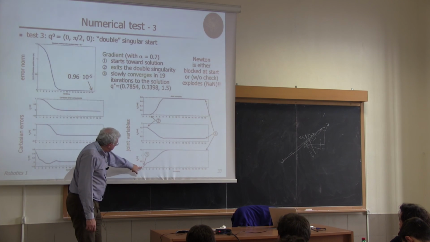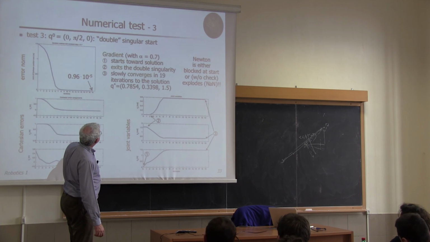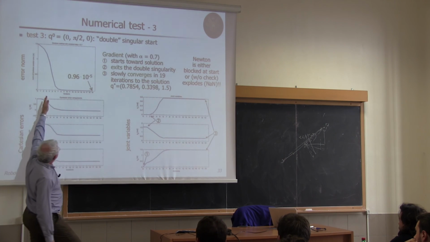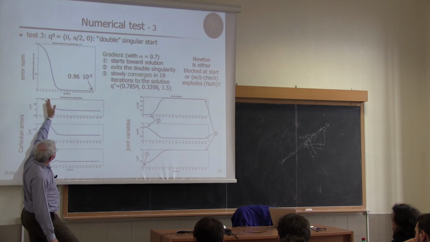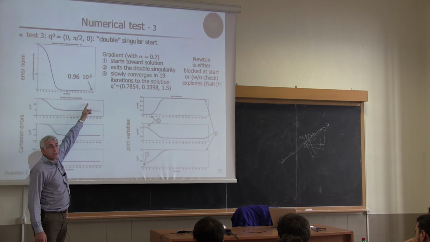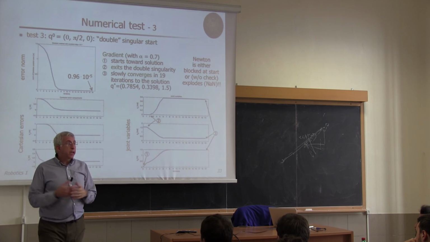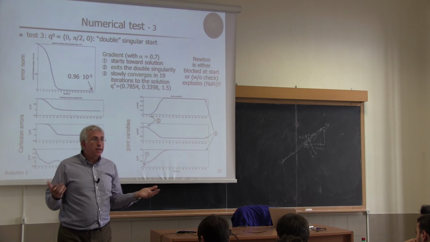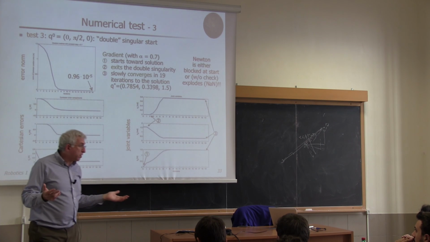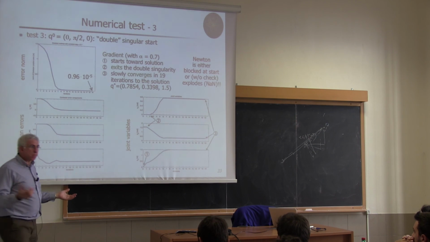In the first iteration, I'm already moving out Q1. And then, once out of singularity, slowly I converge to the solution. Here I removed the upper limit. In fact, I'm converging to the required accuracy in 19 iterations, more than 15, which was my upper bound, but it converged, so it works.